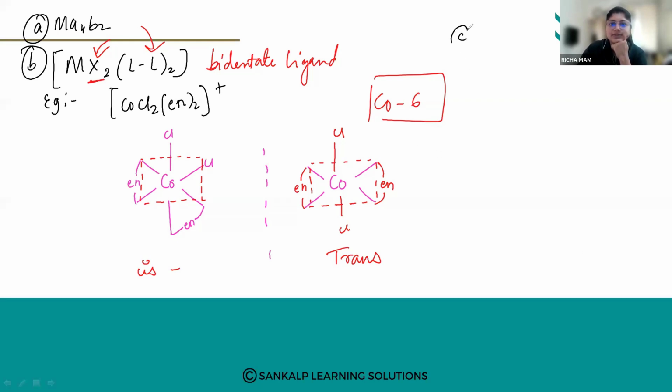So third type C. Whenever you have M, A3, B3, two types of monodentate ligands are there. One monodentate ligand is 3 in number and the second one is 3 in number, B. So let me take an example of cobalt, NH3 thrice and NO2 thrice.